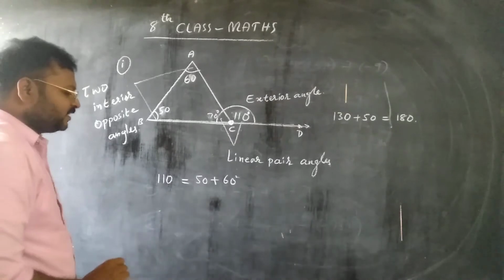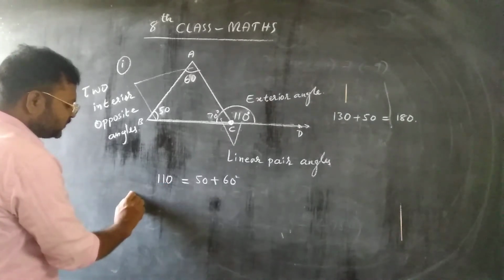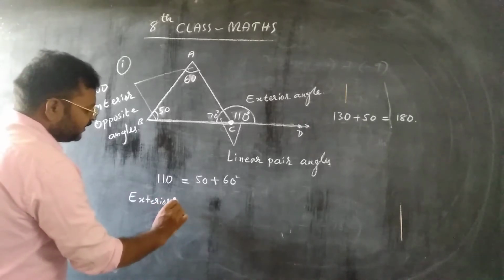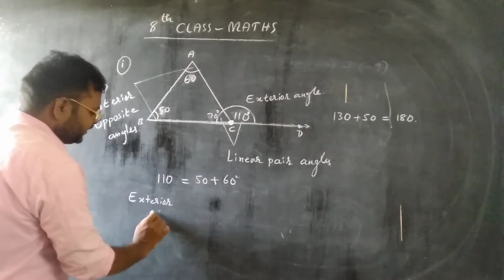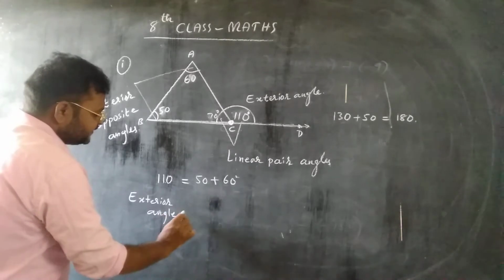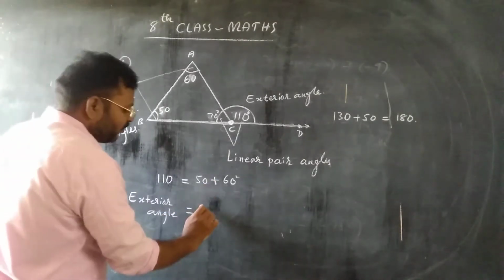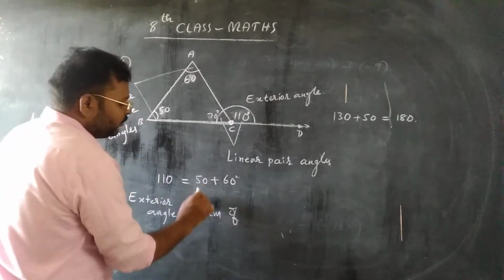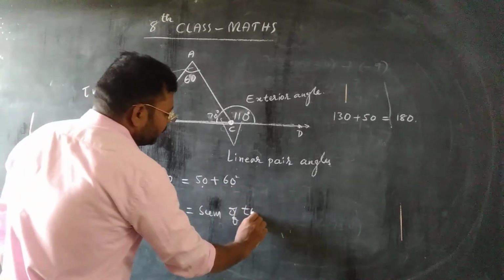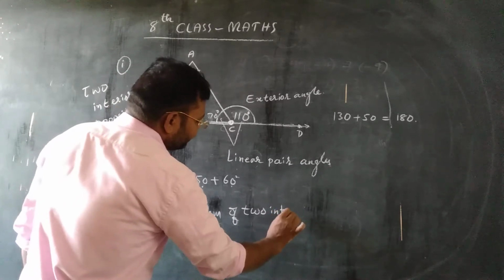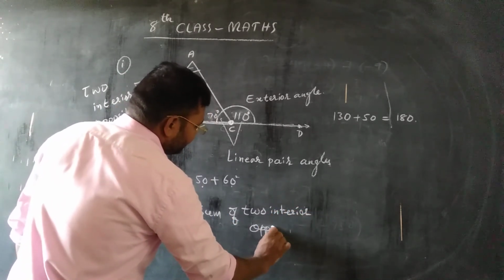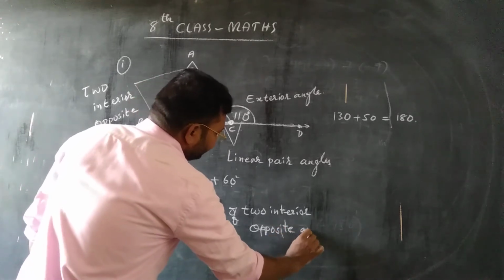So here children, remember 110 degrees is called the exterior angle. Exterior angle is equal to the sum of, the plus symbol indicates sum, the sum of two interior opposite angles.